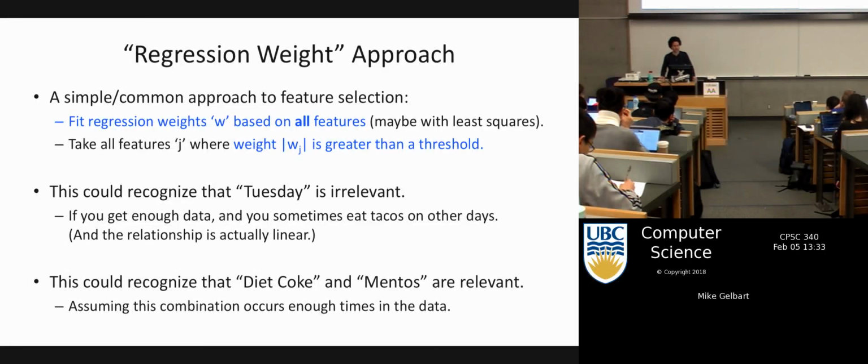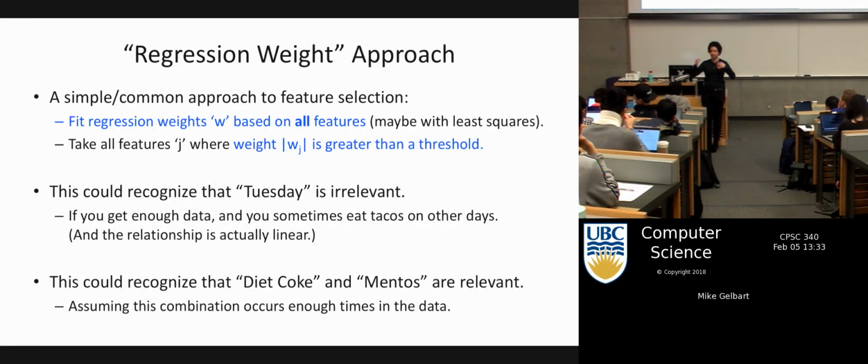And so you could actually figure out this Taco Tuesday issue, and we talked before about collinearity as well, that if two features are exactly identical, then we don't know how to allocate the weight between the two features.